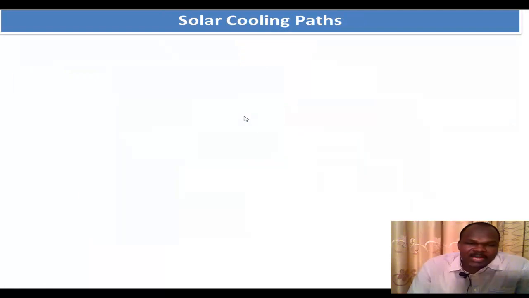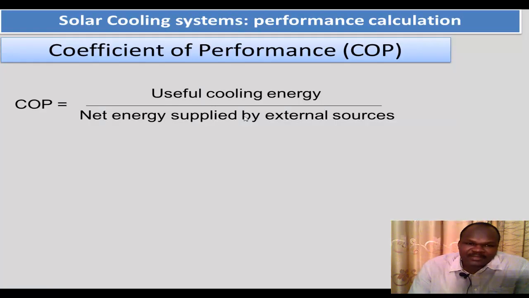So solar cooling follows closely the conventional vapor compression cycles that we have just explained. So much like in engines, we talk about efficiency. To measure the performance of a cooling system, we use the term coefficient of performance.